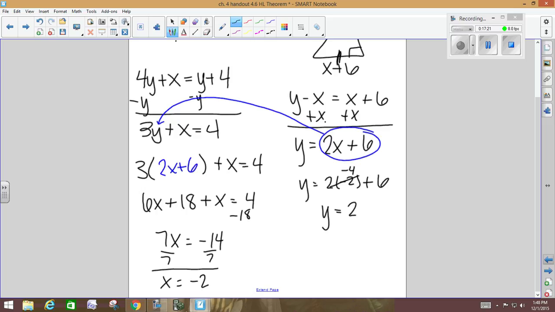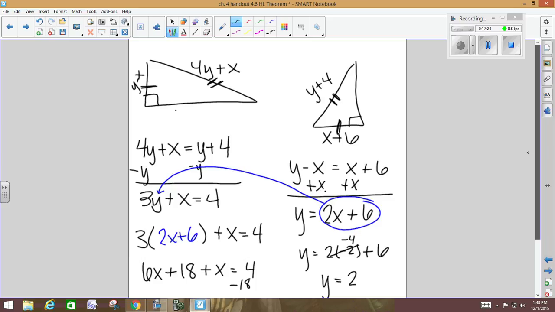Let's double check. X is negative 2 and y is positive 2. So when I plug that in, I get 4 times 2 minus 2. What's that give me? 6, all right. Y is positive 2, x is negative 2.